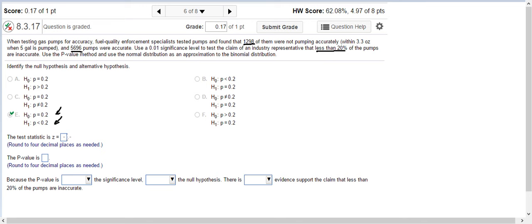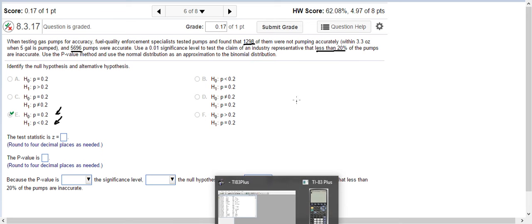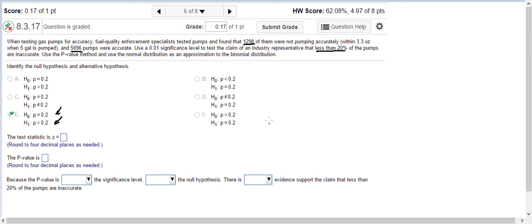Now the second part, find the test statistic Z. So we're going to use the TI-83 now. Alright, so the first thing we need to know is that we have 1,298 pumps not working out of, and now the total number is the sum of those two numbers. So make sure you read that.